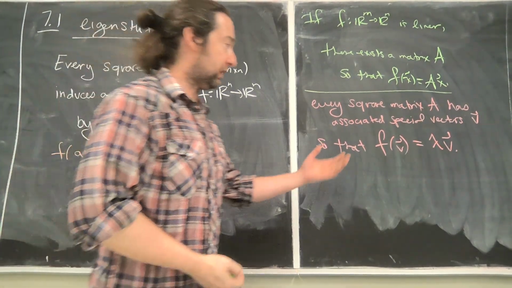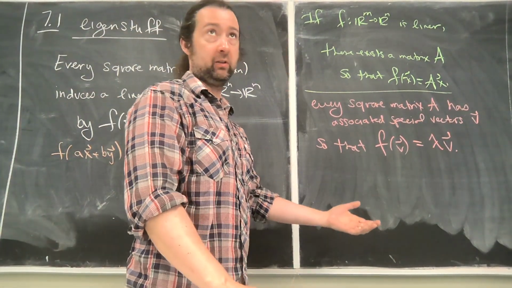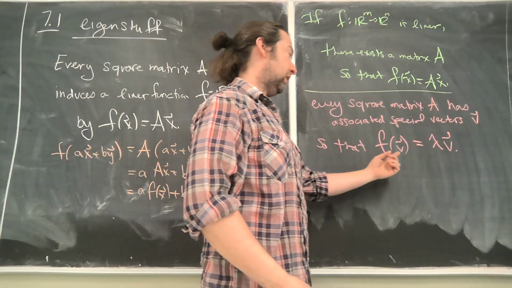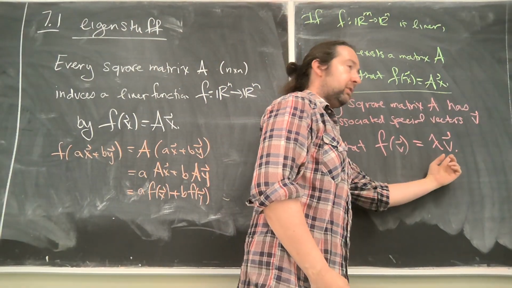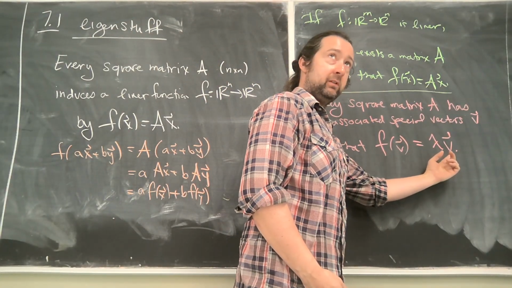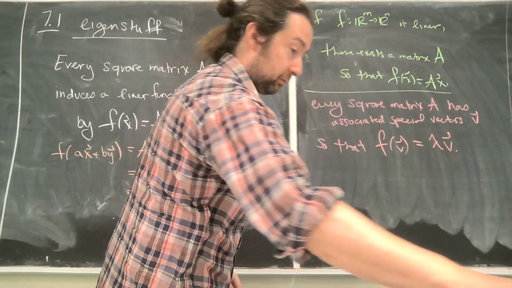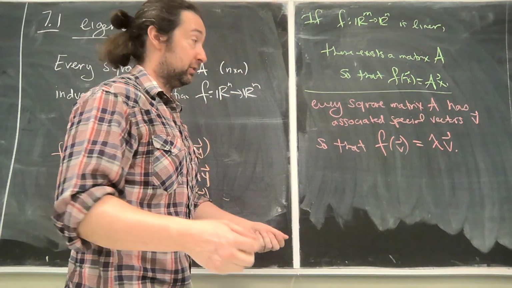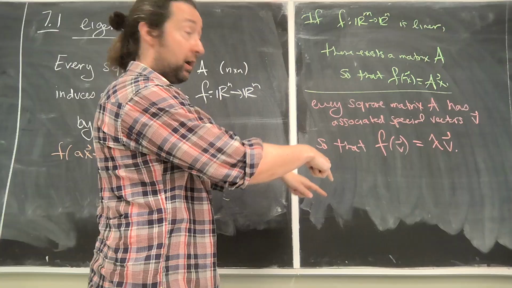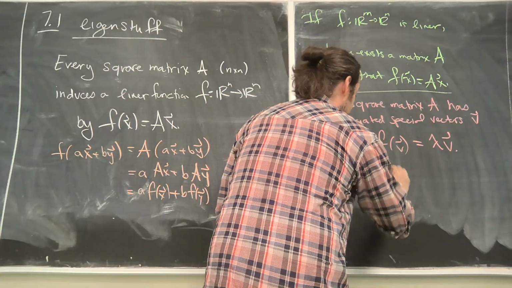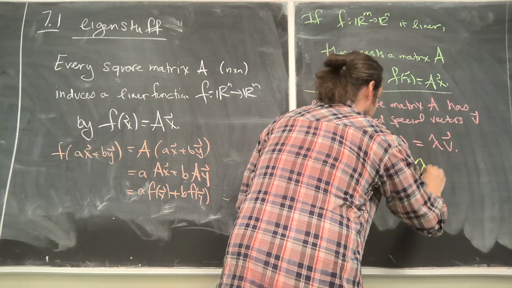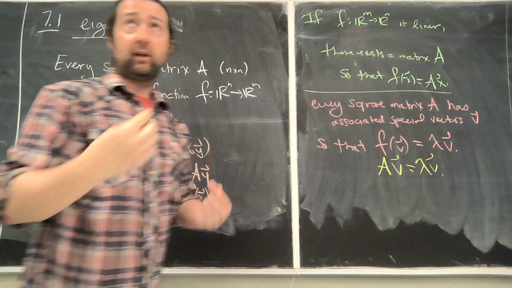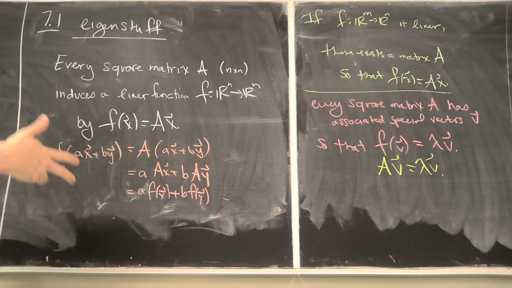That is, what f is doing as a linear transformation is eating a vector and spitting out a vector that points in the same direction. This is the sense that was originally used to come up with the idea of eigenvectors. Any vector that satisfies this property, where f of v, which is Av, is equal to lambda v, is what we mean by an eigenvector, and lambda is its associated eigenvalue.